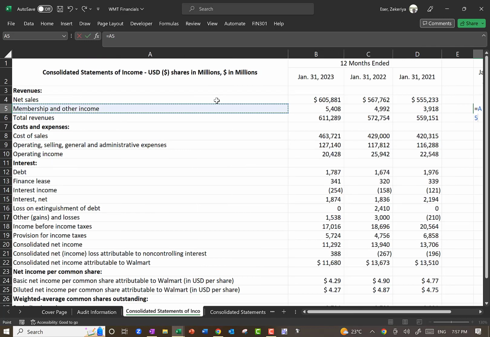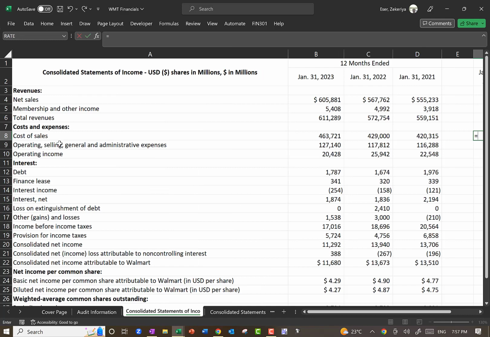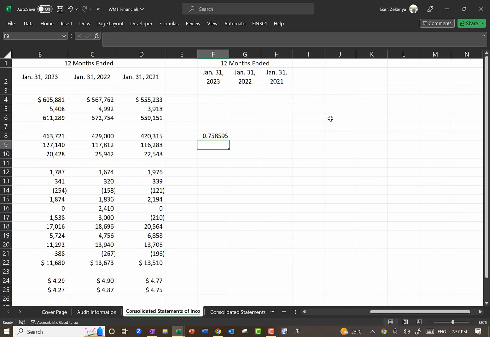I mean, I could, but let's start from here. Cost of sales divided by total revenues.